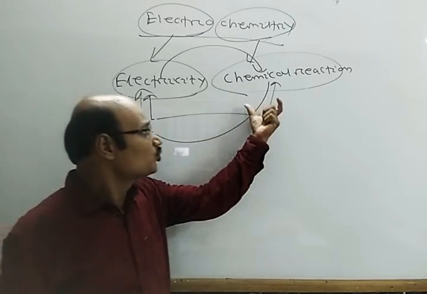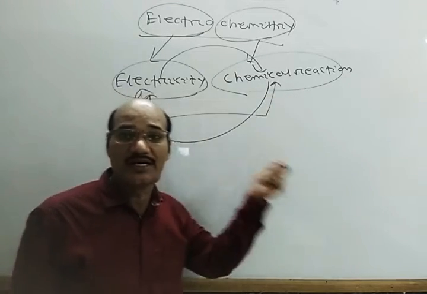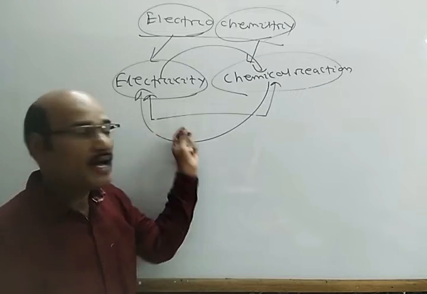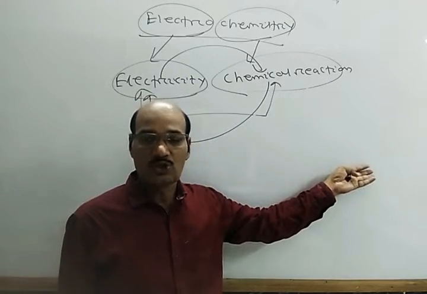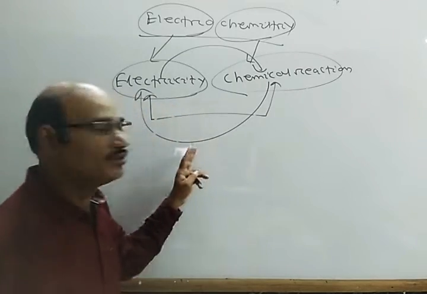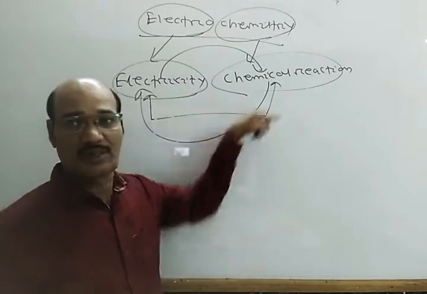That means doing a chemical reaction to produce electrical energy, or applying electrical current to carry out chemical reactions. These two things we are going to discuss in this electrochemistry chapter.